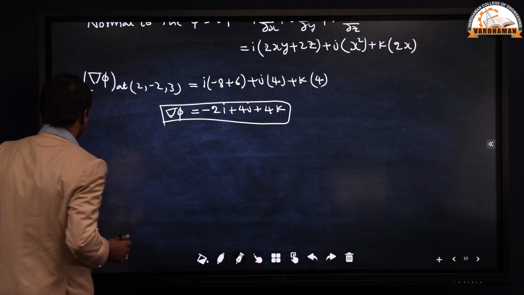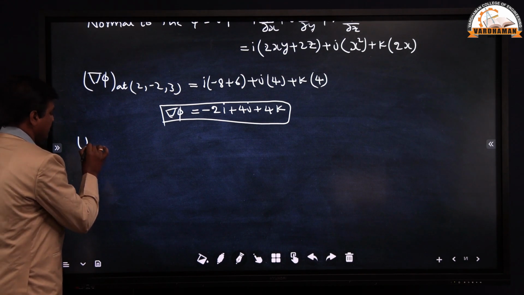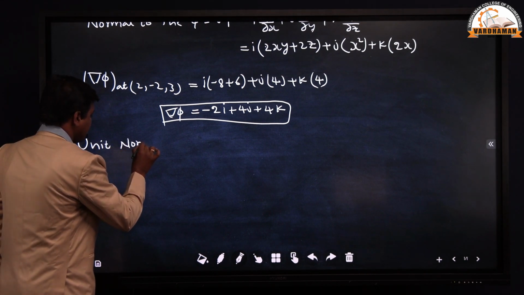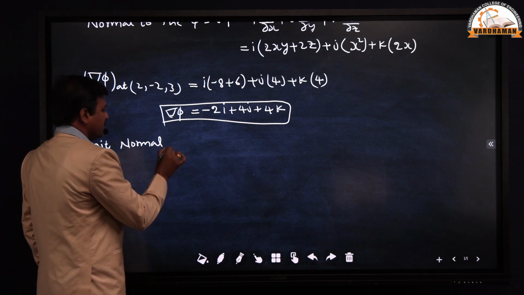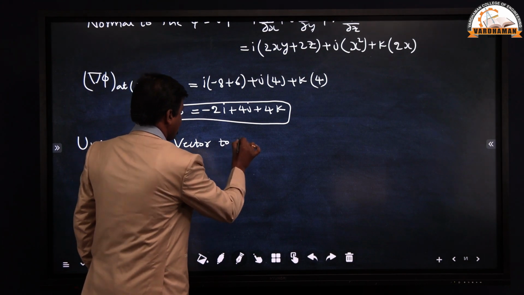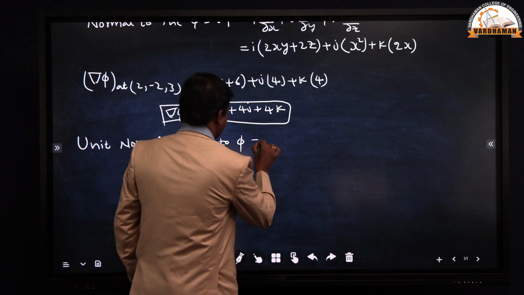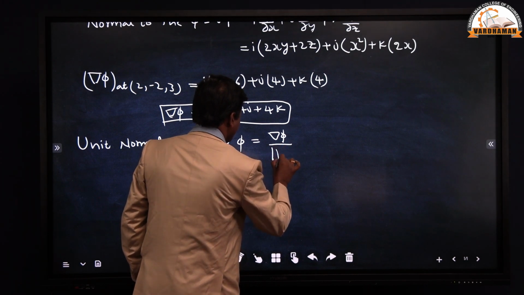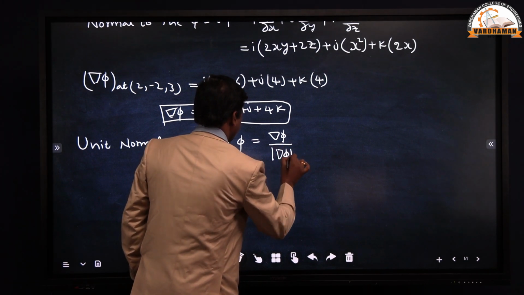Right. Now, to find unit normal vector to pi equal to del pi by mod del pi.